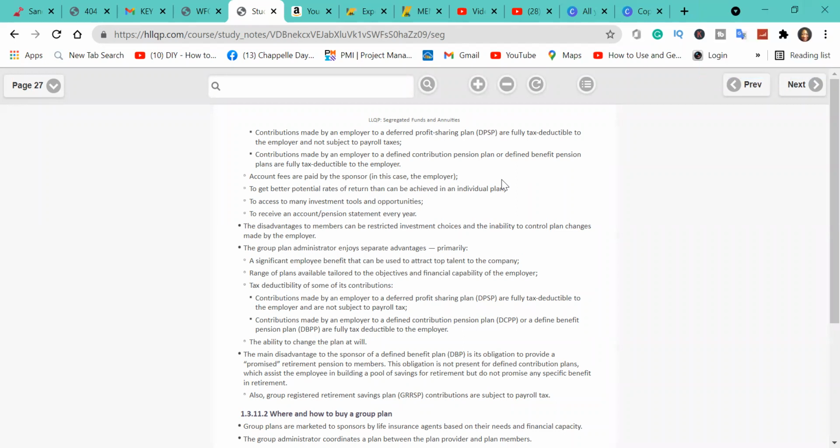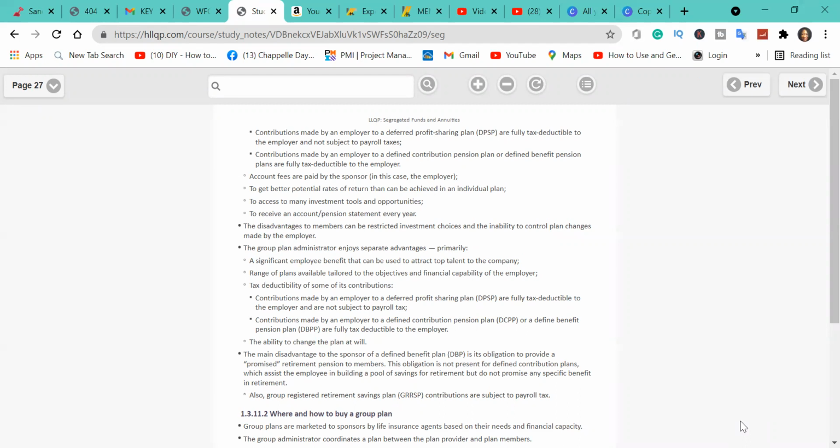Yes, you understand. So those are the differences. Defined contribution is your own contribution towards the plan: you will contribute some, the employer will contribute some, by contribution percentage.